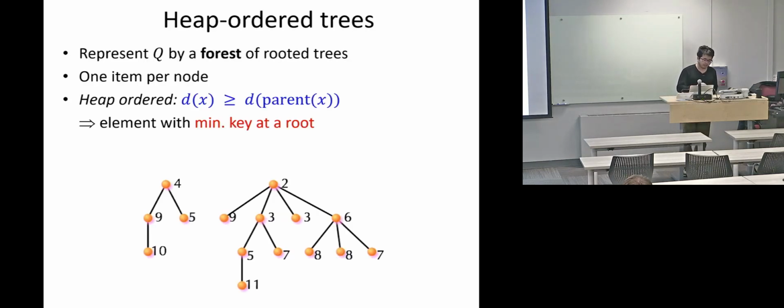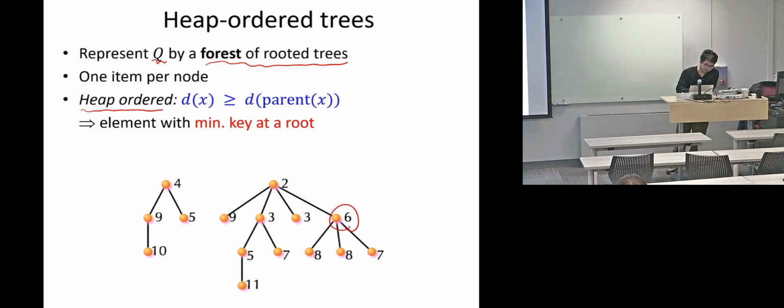So our priority queue or heaps, I will use these two words interchangeably. Heaps and priority queues are the same thing. Our heap will be a forest of rooted trees, with one item per node. And I'm gonna maintain this heap order, that is, the parent is always smaller than or equal to the child.